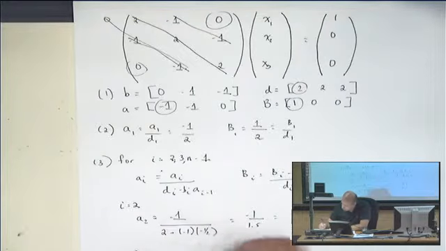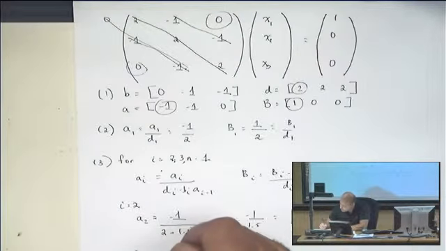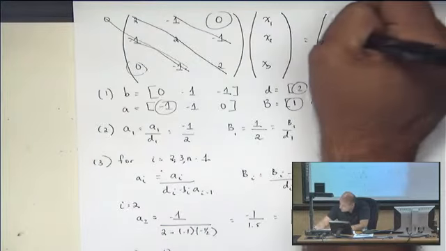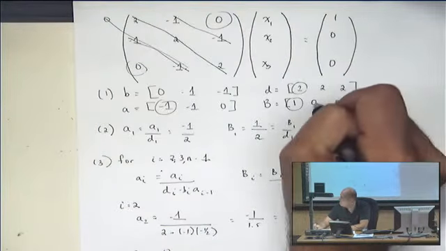Then capital B2 is equal to b2 minus... so B2 was 0, right? That was B2 right there, B2 is 0.